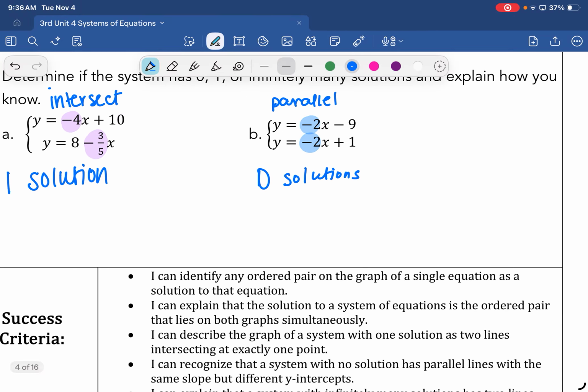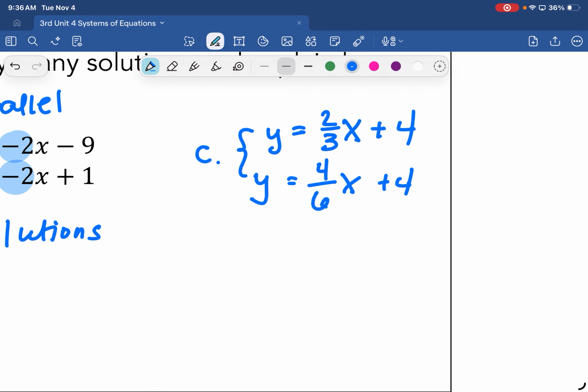I'm going to do a third example for us. So C, if I have y is equal to 2/3 x plus 4, and the second equation is y is equal to 4/6 x plus 4. What is the slope of that first equation? 2/3. What is the slope of the second equation? What is 4 over 6 the same as?